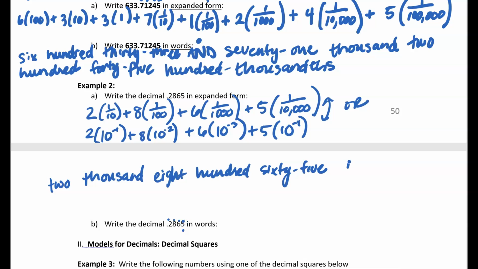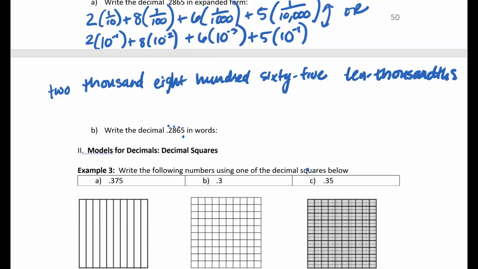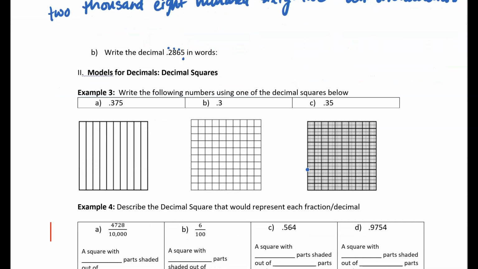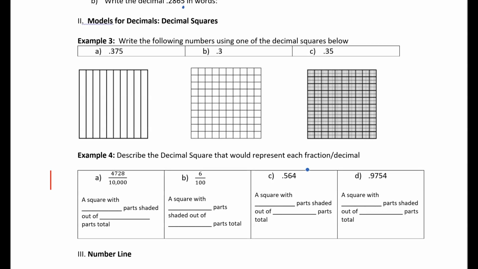So it's going to be 10,000ths. All right, so 2,865, actually there's no "and" there, 2,865 10,000ths without any "and." Remember that the "and" is used for the actual decimal if you had a number in front of the decimal.